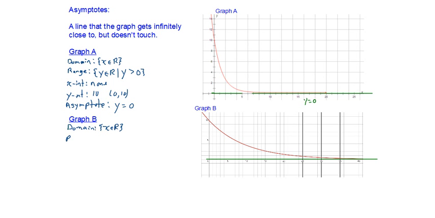The range, as long as the y value is greater than 0, we're good. So y is an element of the reals such that y is strictly greater than 0. The x-intercept, again, there isn't one.